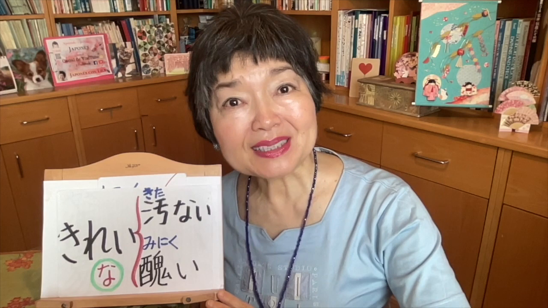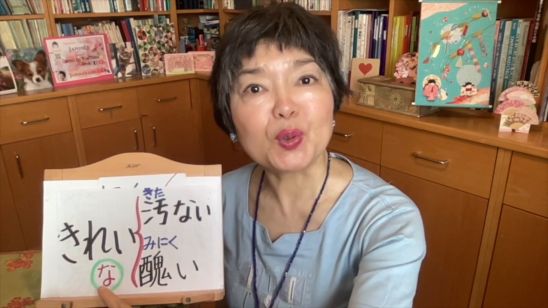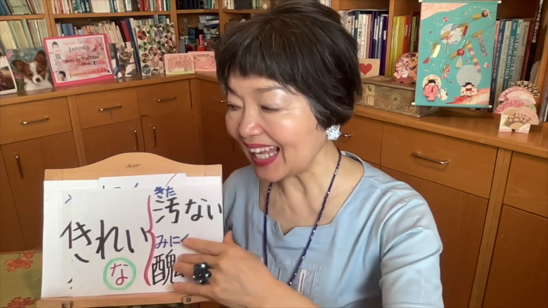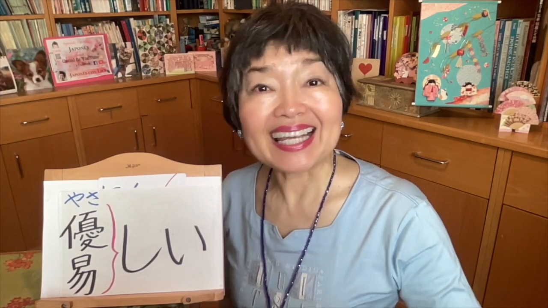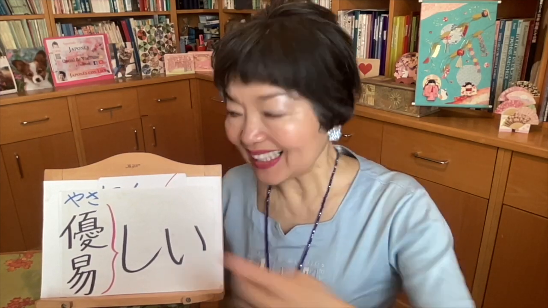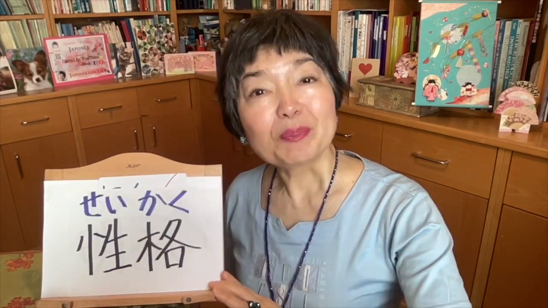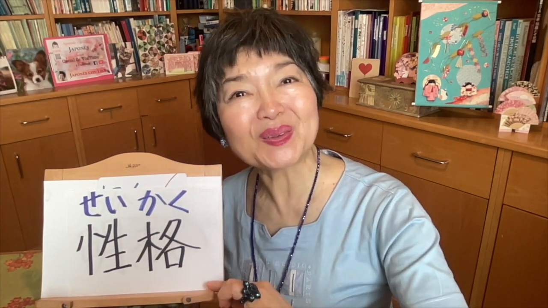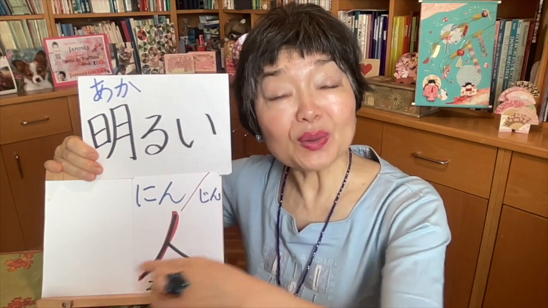Some adjectives in this sentence. At first, きれい, beautiful. This is not an い adjective, okay? きれい and sweet, gentle, and very kind and nice. 優しい with this kanji, the first one. 優しい, personality, character, 性格、明るい人, a person.